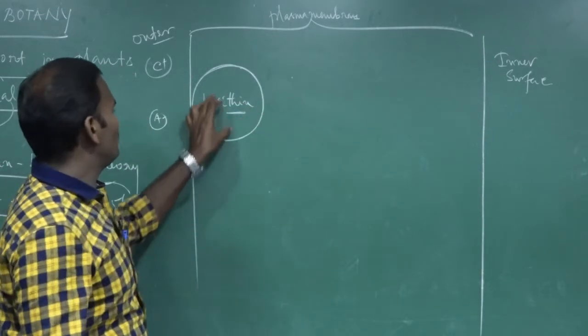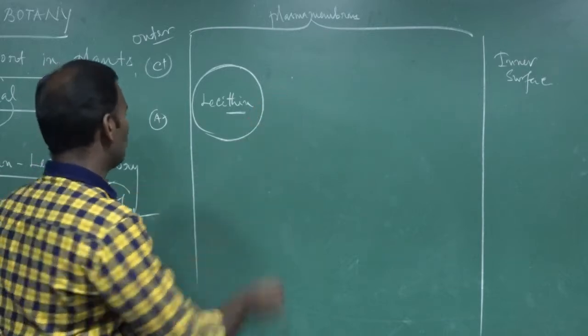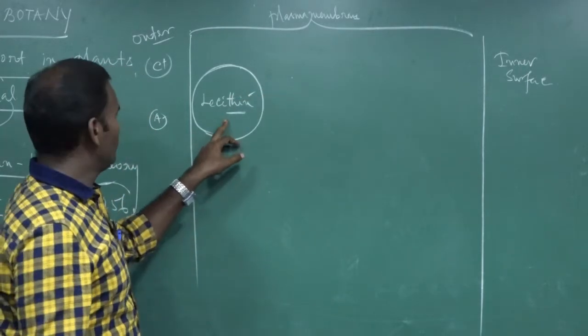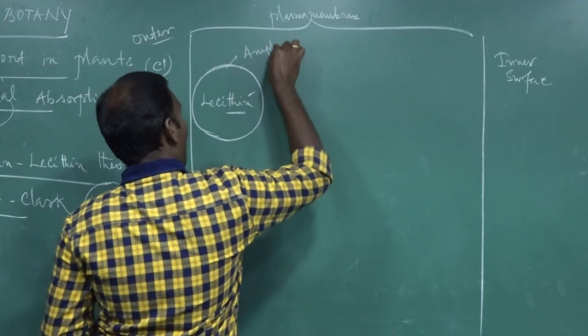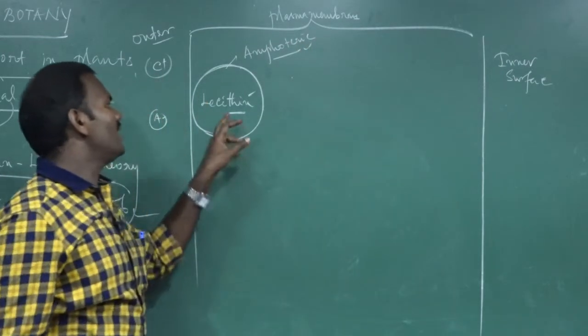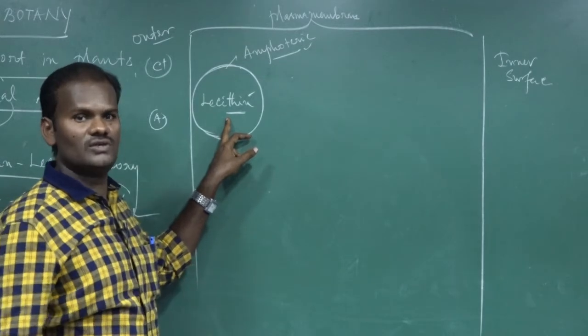These lecithin proteins present in the membrane combine with the phosphatidic acid to form a special type of protein called lecithin proteins. The lecithin protein acts as amphoteric. Amphoteric means the ability to act as either acid or base.